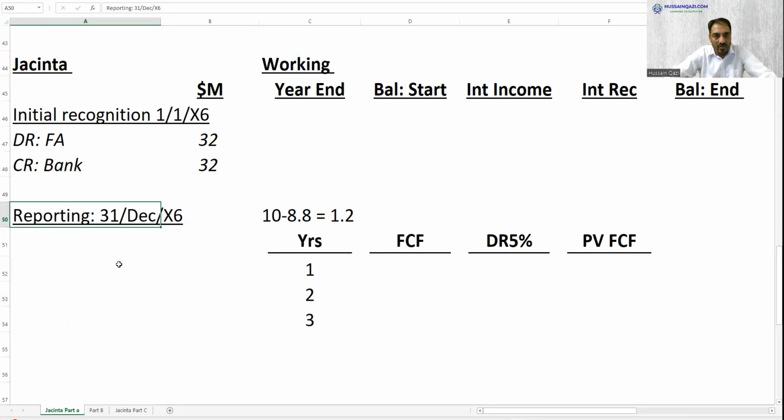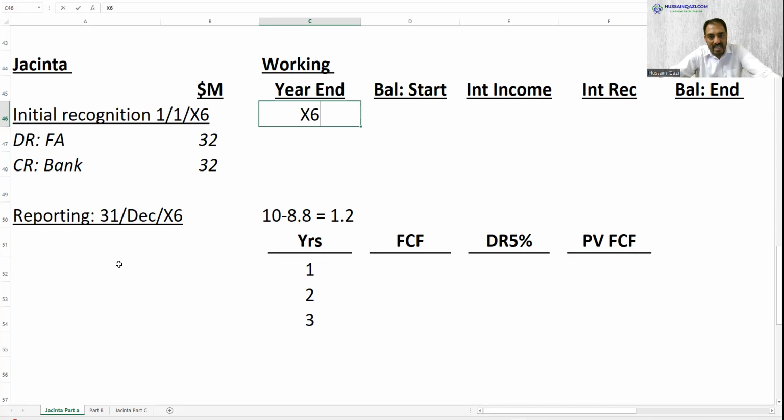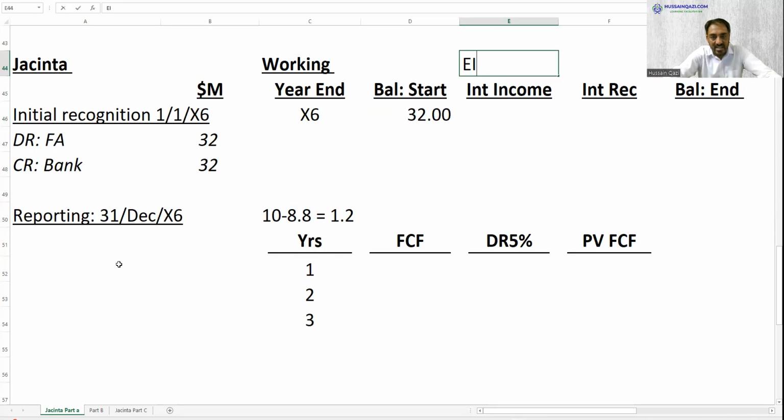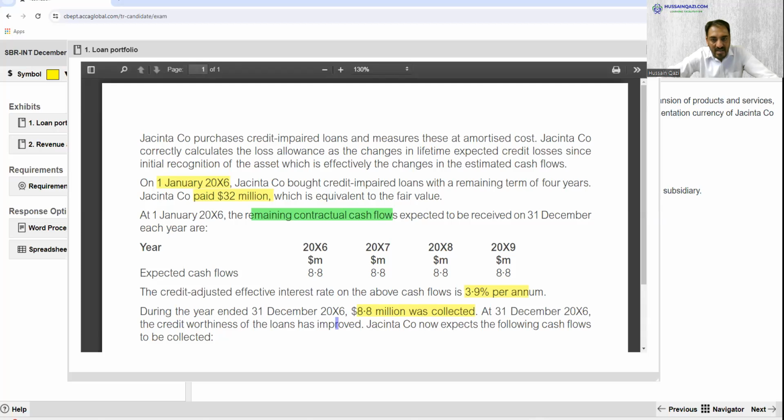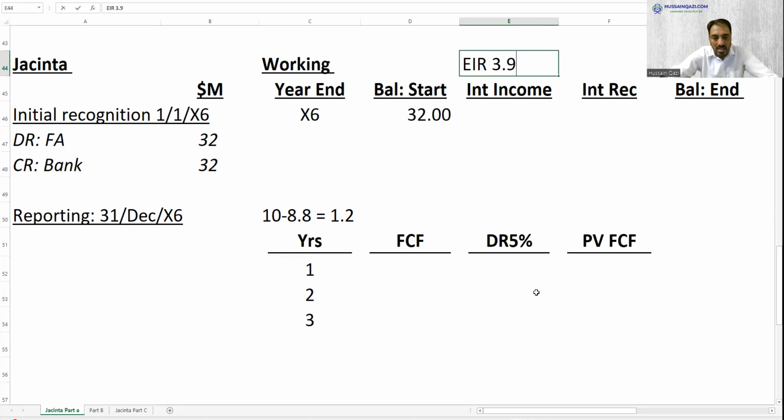Now, first of all, year end of X6. Balance start is 32. Interest income at the effective interest rate of 3.9% is 1.25.